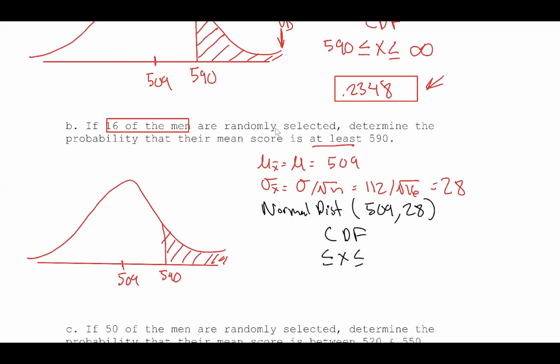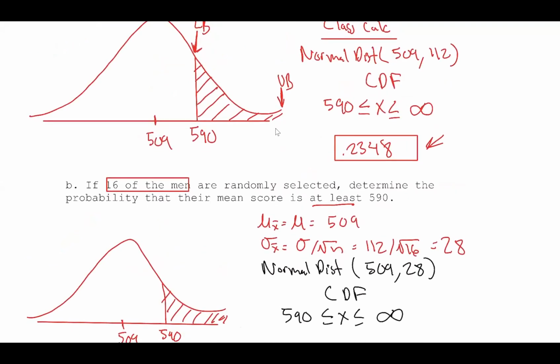And for CDF, you say from 590 all the way to infinity. And that'll be it for how you set it up. So notice the difference between A and B. The only thing that changes is the 112 and the 28, because you have to adjust for randomly selecting 16 men versus only randomly selecting one.